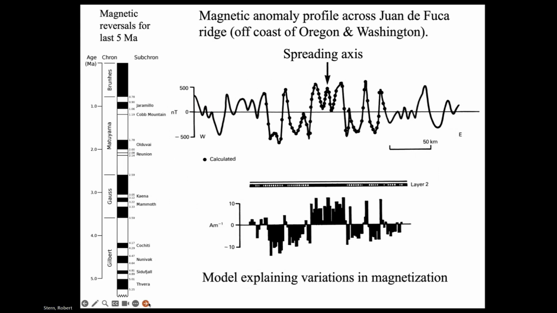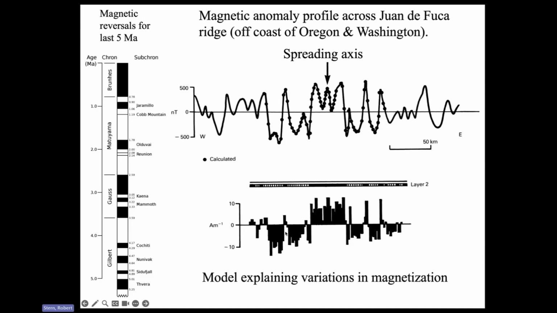All right. So here we've got our magnetic sequence for the last 5 million years, right? And here we've got a magnetic profile across the Juan de Fuca Ridge off the coast of Oregon and Washington. There's the spreading axis. So if we want to explain this, we have to come up with a computer model which incorporates this reversal sequence and solves for a spreading rate, right?